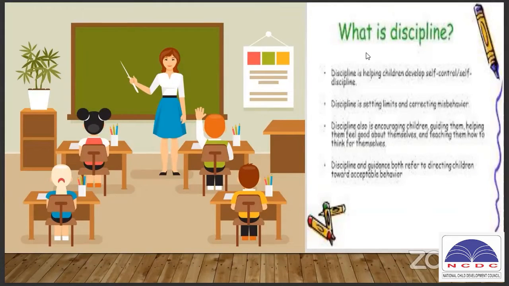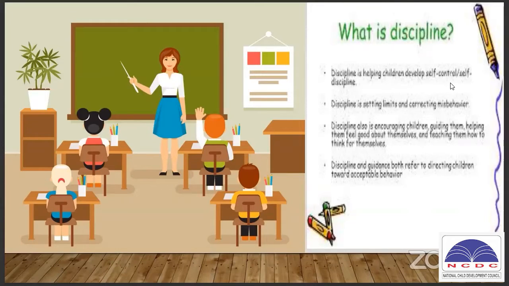Discipline is like setting limits in the classroom. They cannot get up and do whatever they want. They have to always ask the teacher if they want to go to the washroom, and if they want to say something, they have to raise their hands, or stand in their place, or call out to the teacher. These small things are a part of the discipline.